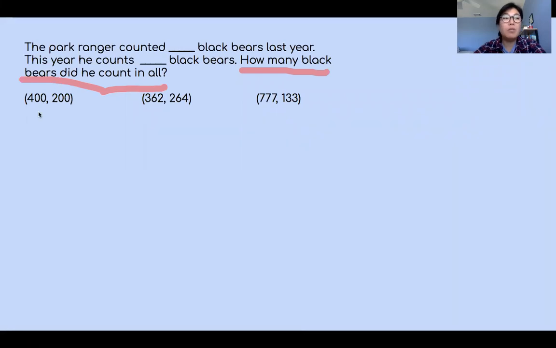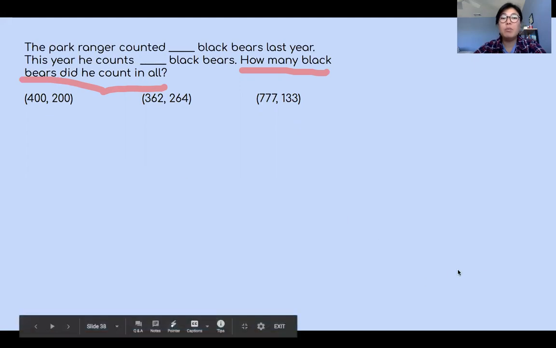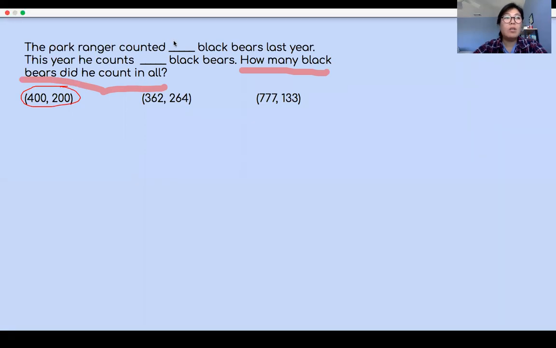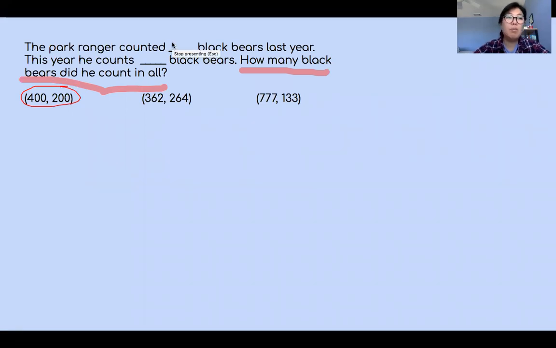We're going to do the first set together. Make sure you have a paper and a pencil with you. You can press pause to grab it. Okay, so let's do the first set together. The park ranger counted, so now we put the number 400.